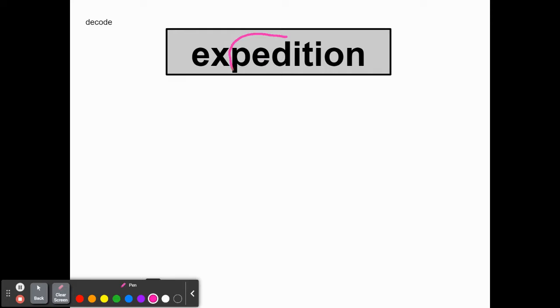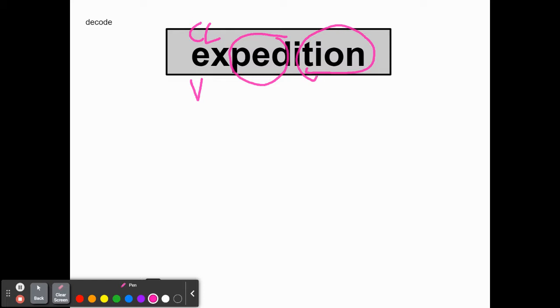So I'm going to circle my root first, which was ped, and then we would put our vowel here, but there's not really another vowel that we're going to connect it to, so that just makes the syllable closed. So it would say ex, ped, i. So this i is really by itself, and then the tion says shun.